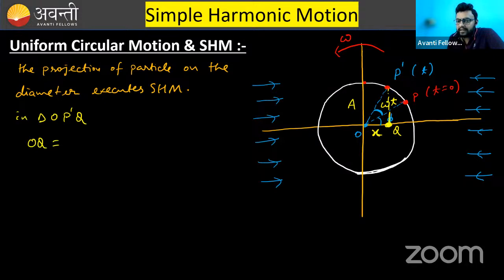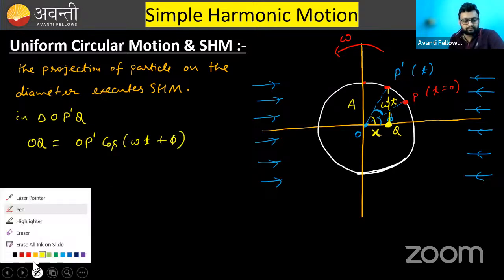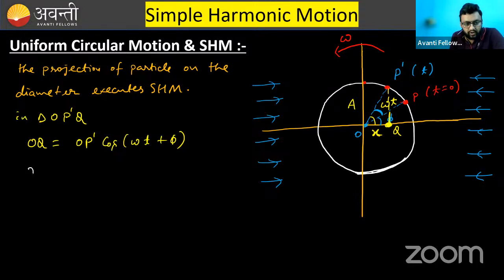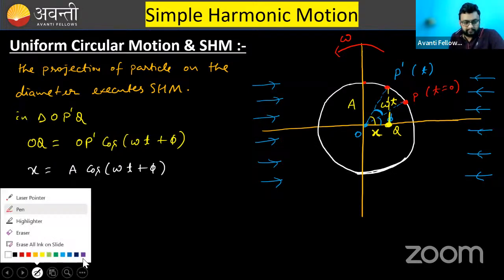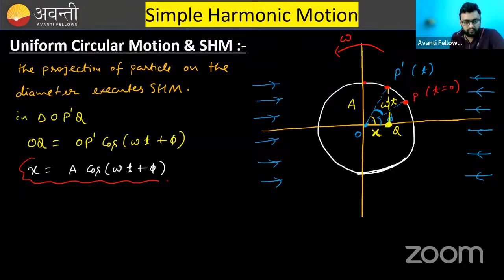So base is hypotenuse into cos theta, where the hypotenuse is OP dash and the angle is omega t plus phi. So you can write, OQ, x equals A cos(omega t plus phi). This is the equation of the projection on the x-axis.